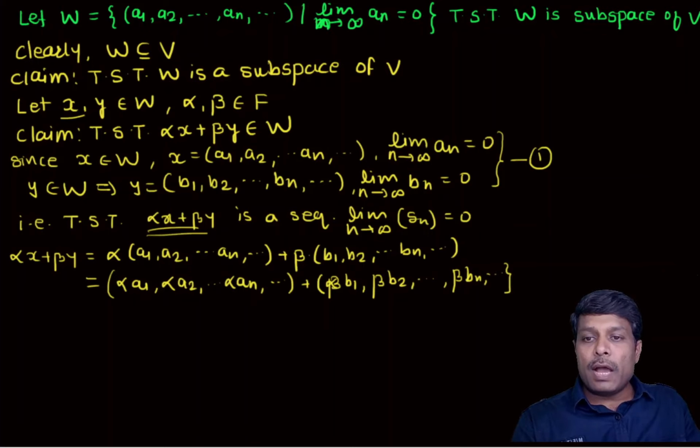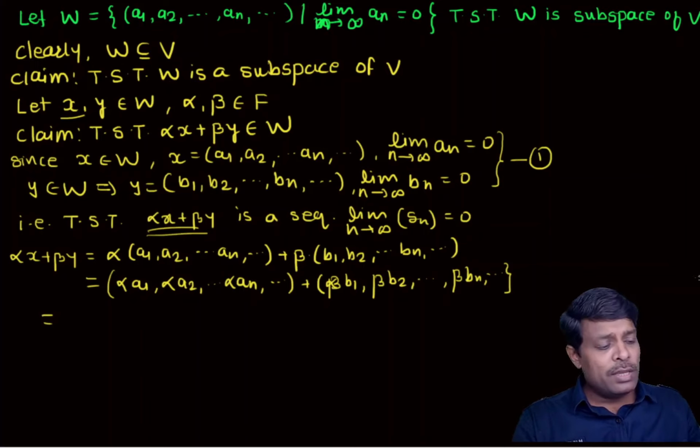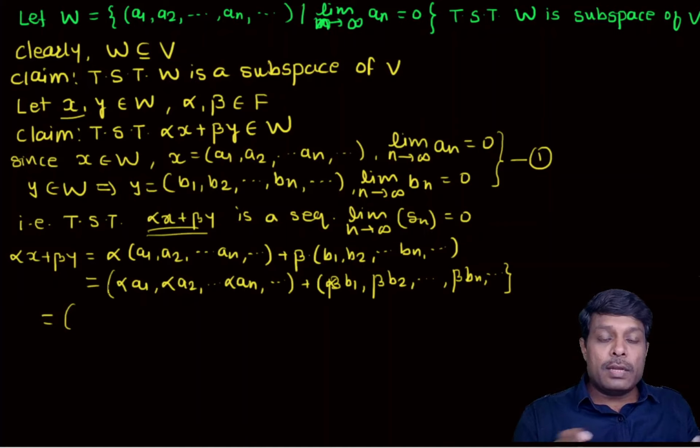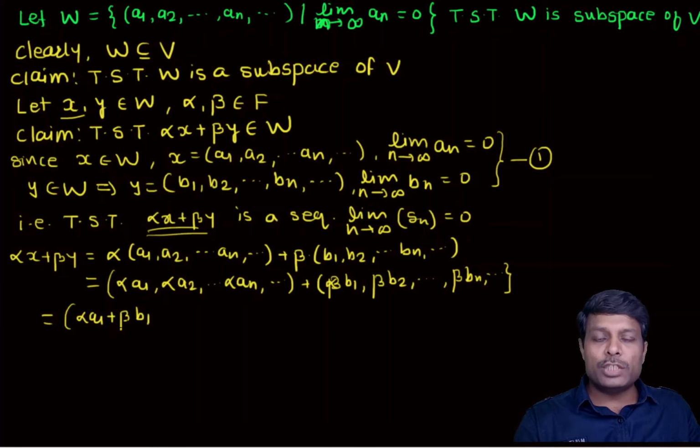Okay, now how to add two sequences? The addition of two sequences is again a sequence, and it should be term-wise addition. So the first term of the first sequence plus the first term of the second sequence, and this addition becomes the first member of the new sequence.